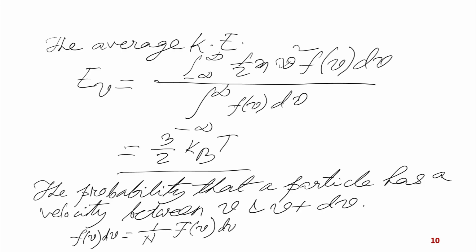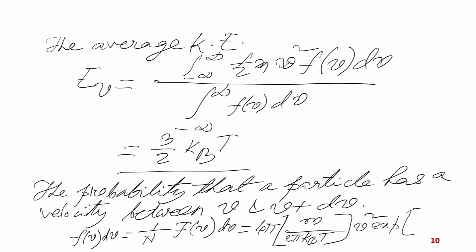So, this is equal to 4 pi, multiplied by v square and then the exponential term, that will come minus m v square divided by 2 k_B T. This is the distribution function, and this is the probability that a particle will have a velocity between v and v plus delta v.